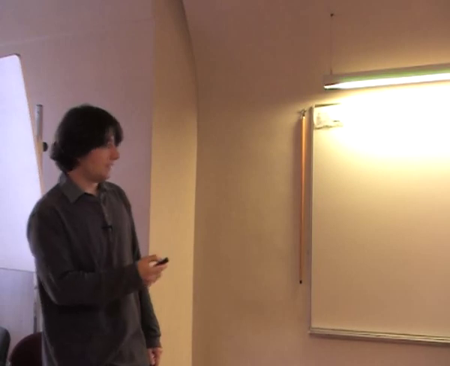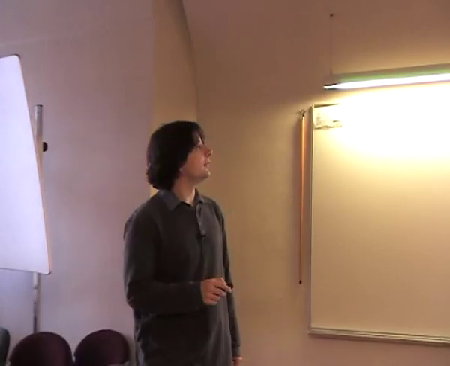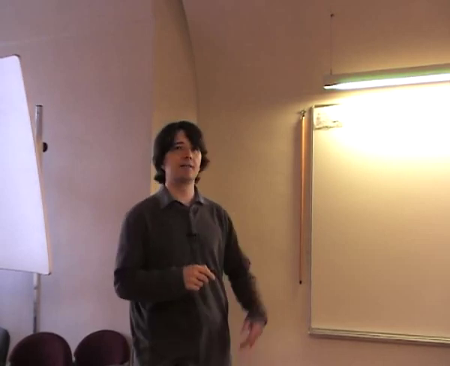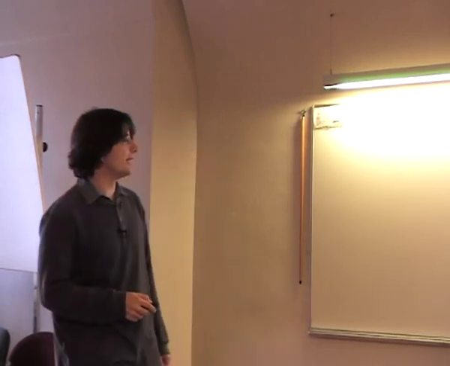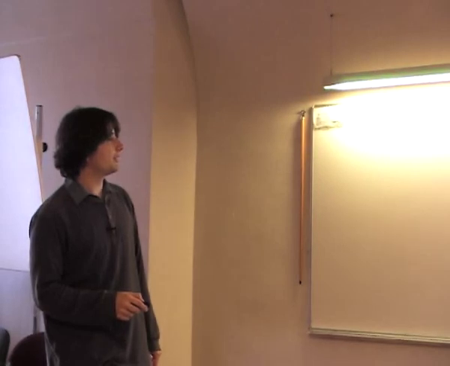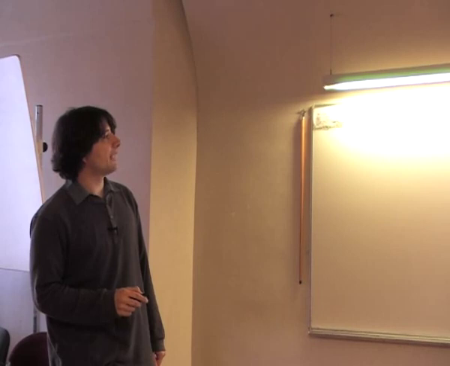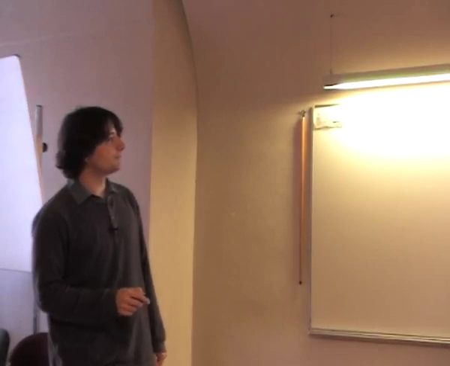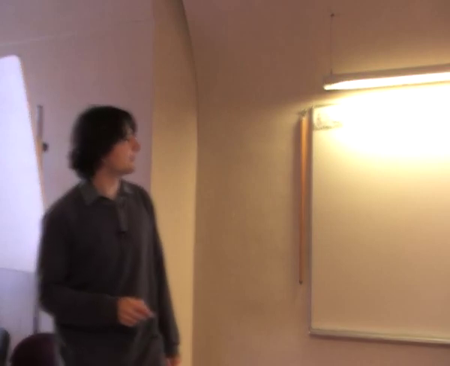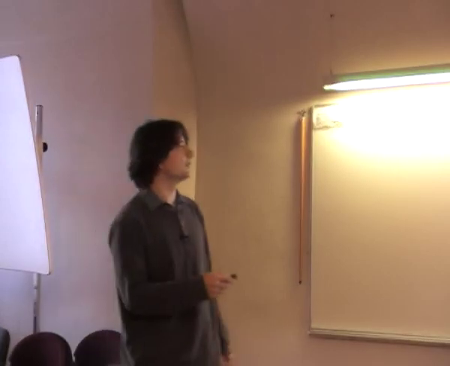Okay, so in binary classification, the labels y's can have only two values, 0 or 1. So the prediction is a dot product of weights and of the feature vector. And this notation, this bracket, is called Iverson bracket.